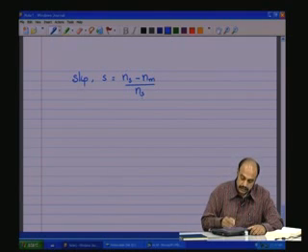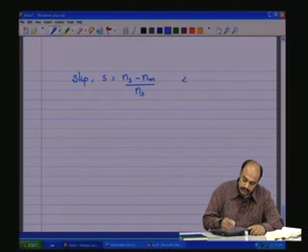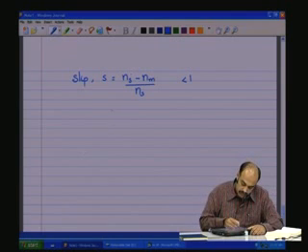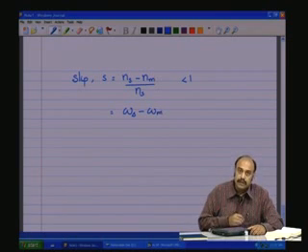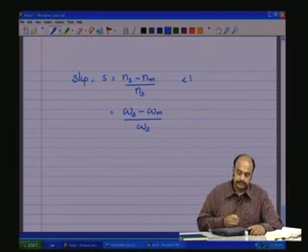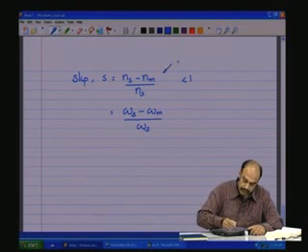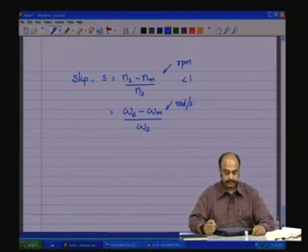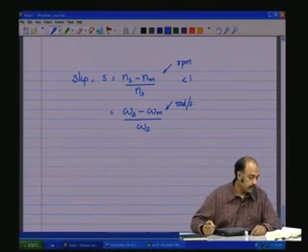And this is something always less than 1, because ns is always greater than nm. It could also be written as omega s minus omega m, in radians per second, divided by omega s, whereas this one is in rpm and this is in radians per second. So this is the slip.